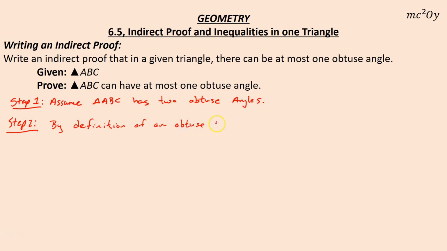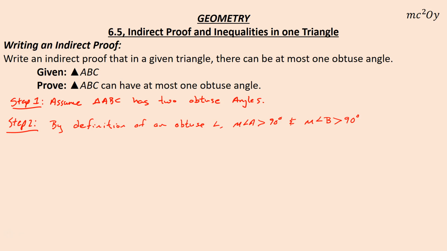By definition of an obtuse angle, the measure of angle A of our triangle would be greater than 90 degrees. And in this case, the measure of angle B would also be greater than 90 degrees. Now I could have picked any two of the 3 angles to be greater than 90.